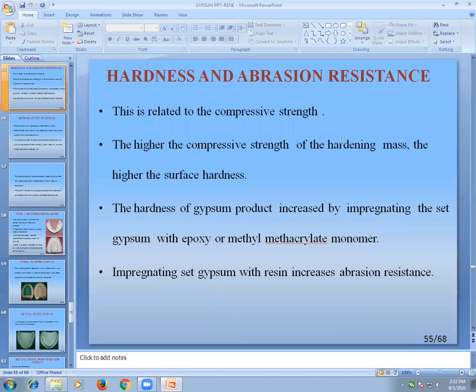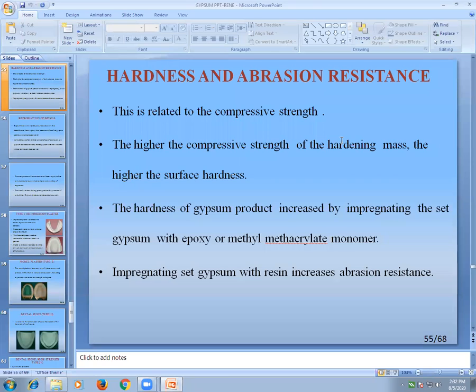Here again, when you see the classification, the strength of the impression plaster is less, and the strength of type 4 is more. So the strength changes according to the classification.